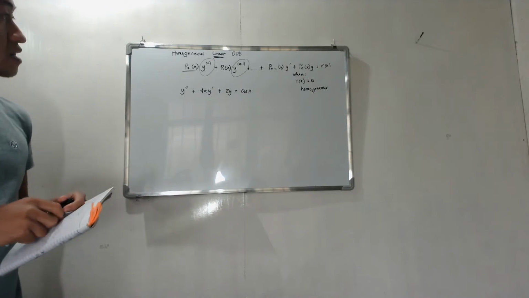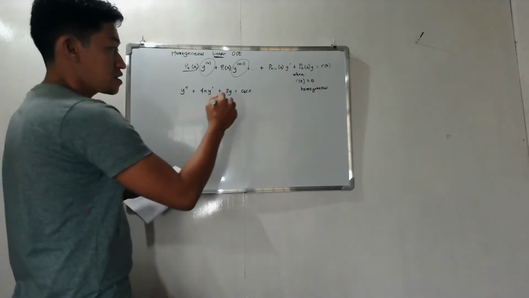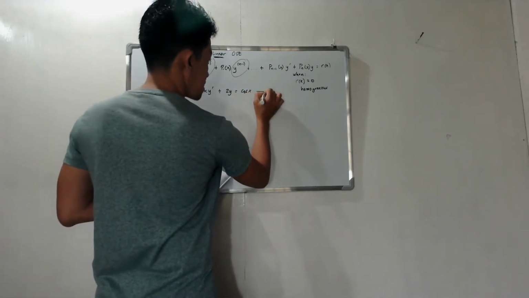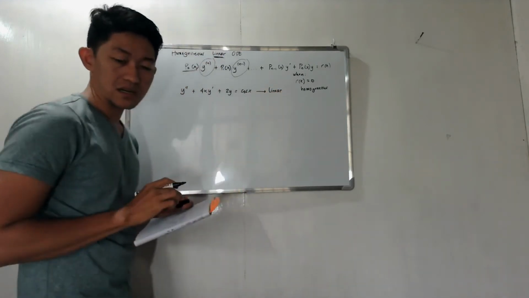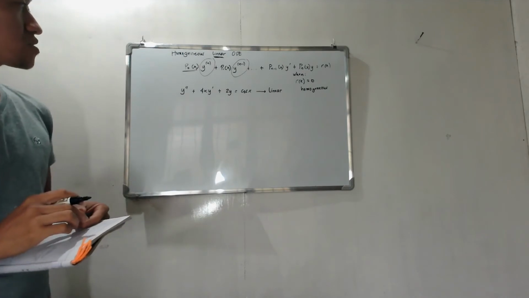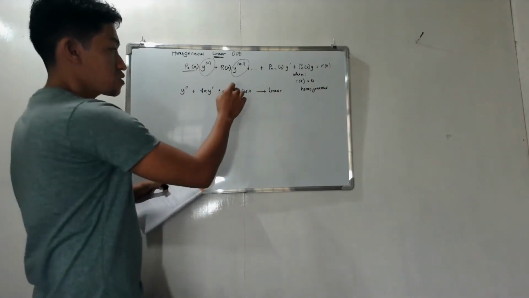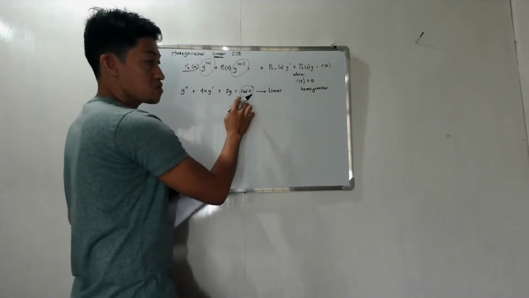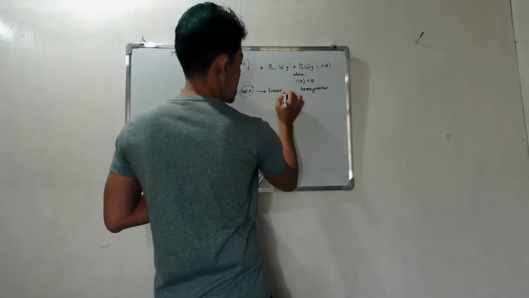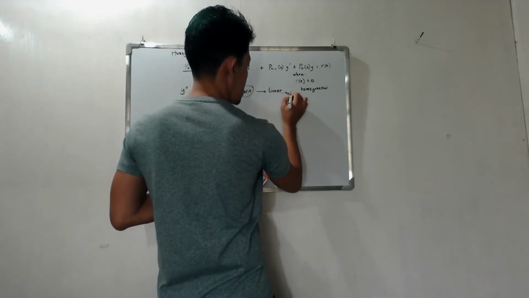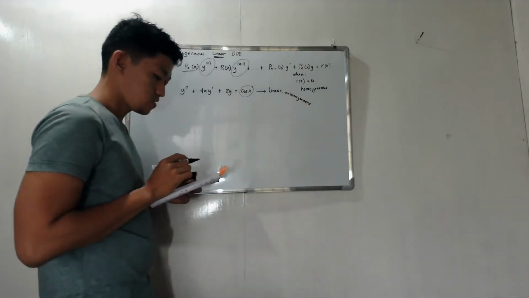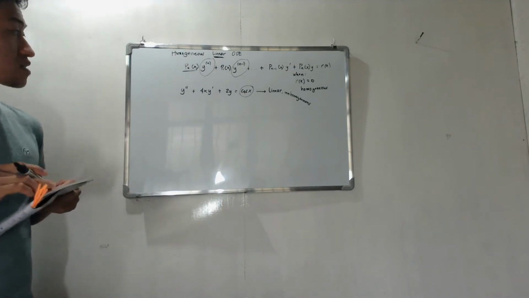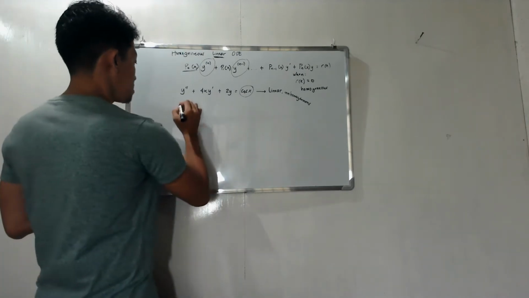Okay? So this one is an example of a linear ordinary differential equation. And then since you have this one, this is a non-homogeneous ordinary differential equation.